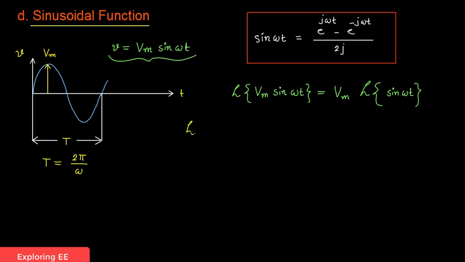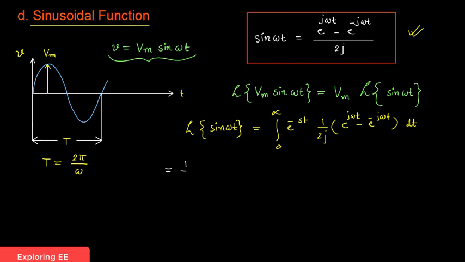Now the Laplace of sin omega t can be obtained from the definition: the integral from 0 to infinity of e to the power minus st times sin omega t. Now from Euler's formula we have sin omega t equal to 1 by 2j times (e to the power j omega t minus e to the power minus j omega t).